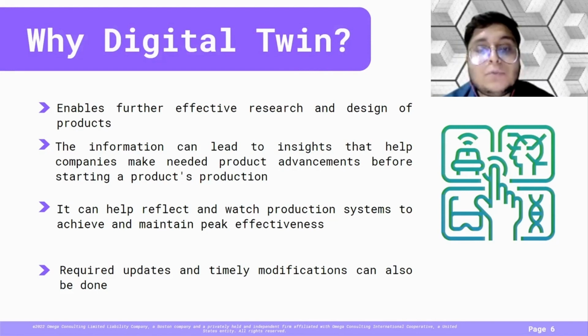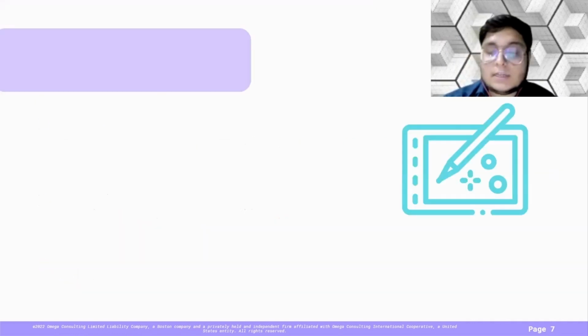Even if a new product has gone into effect, digital twin can help reflect and watch production systems to achieve and maintain peak effectiveness throughout the entire manufacturing process. Required updates and timely modification can also be done with the digital twin. Further issues can also be determined using the behavior of this input.